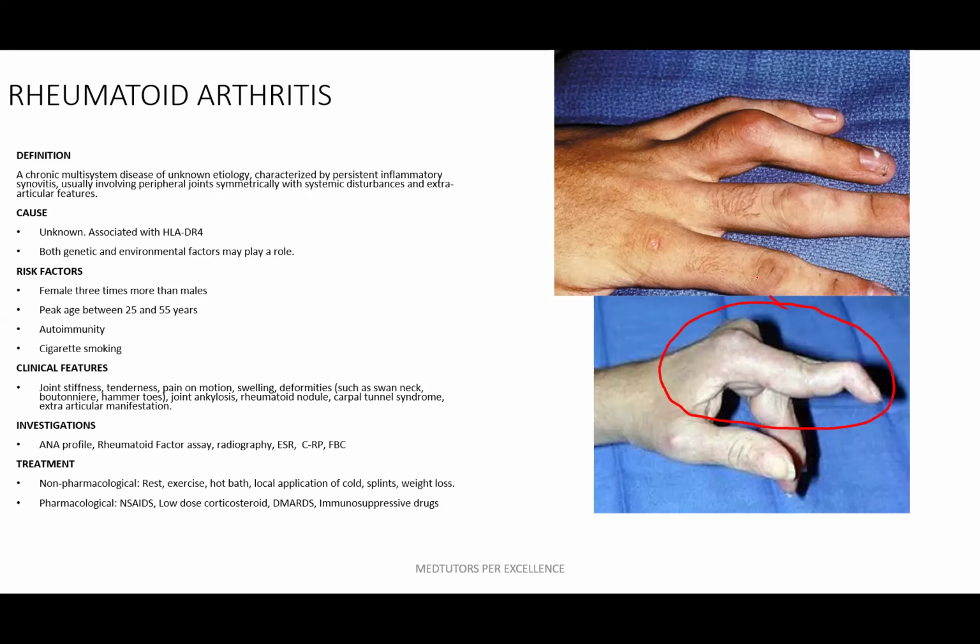Now, if there are some constitutional or extra-articular symptoms, they have to also be tackled because patients could present with eye problems like drying of the eyes. You could apply some artificial tears. They could have interstitial disease of the lung, pleural effusion. They could have pericarditis, which you have to treat. They could also present with anemia, where you need to treat anemia.